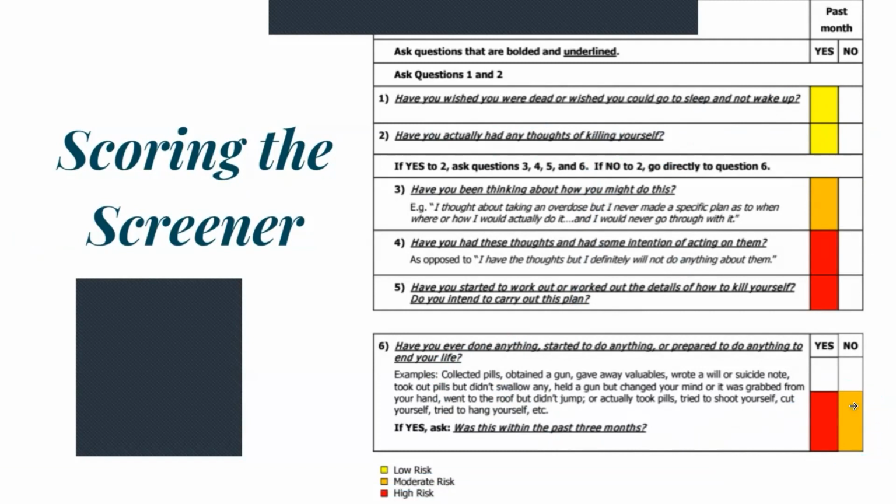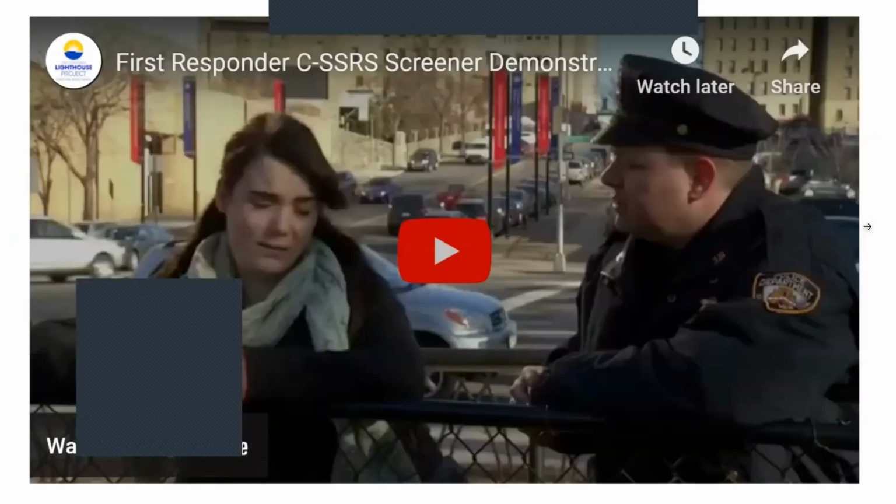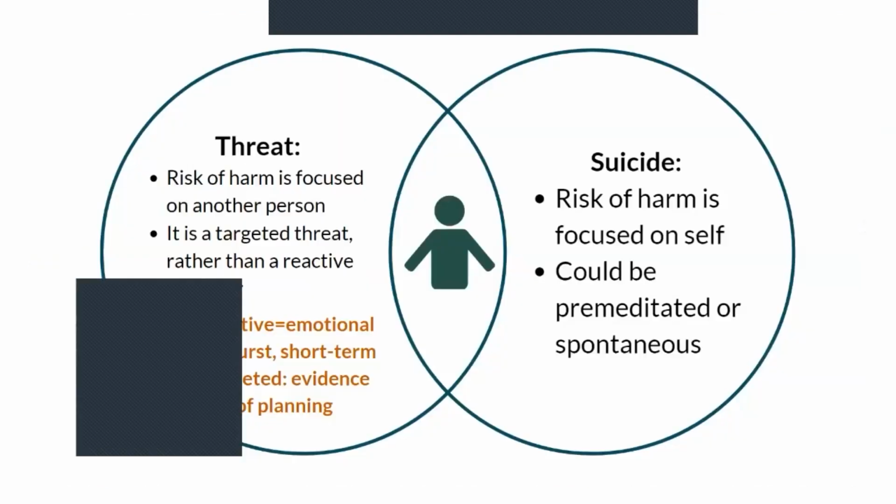So I agree that it would be more in the low to moderate range. So definitely we're concerned about her, but the fact that she hasn't engaged in any planning lowers her risk.